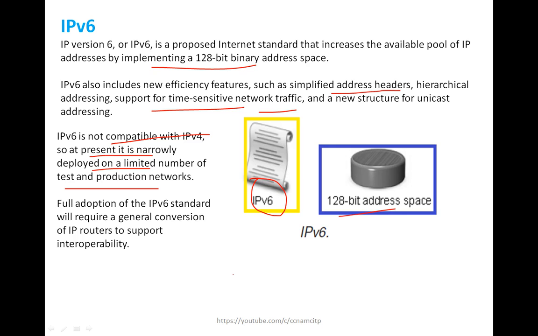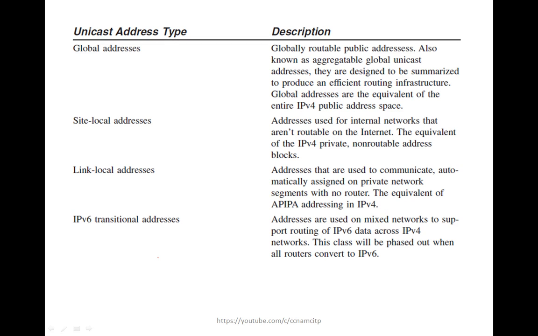But now there are certain technologies through which we can create tunnels so that 4 and 6 can communicate. Full adoption of the IP version 6 standard will require a general conversion of IP routers to support interoperability. So to make this communication between IP version 4 and 6, we require certain routers.